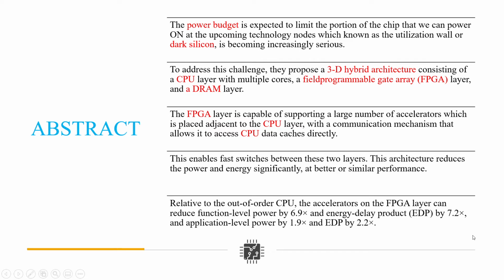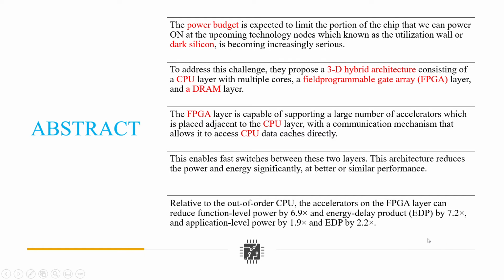To address this challenge, they propose a 3D hybrid architecture consisting of a single layer with multiple cores, a field programmable gate array (FPGA) layer, and a DRAM layer. This 3D hybrid architecture helps the system achieve a 47.5% power reduction relative to a baseline system that consists of a CPU layer and a DRAM layer.